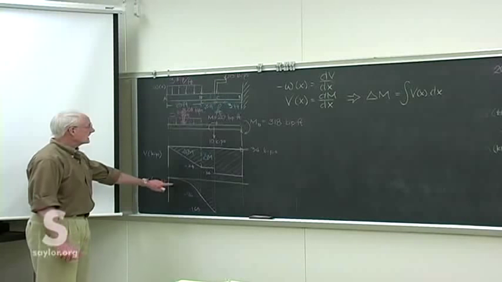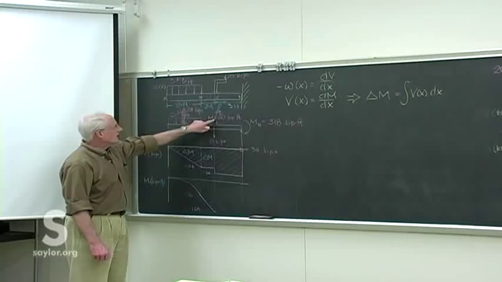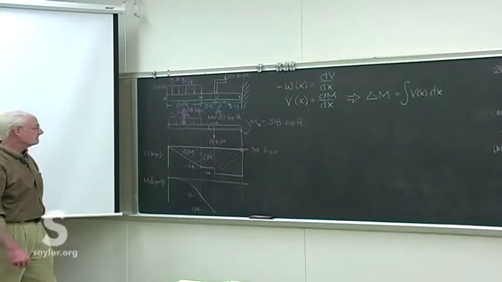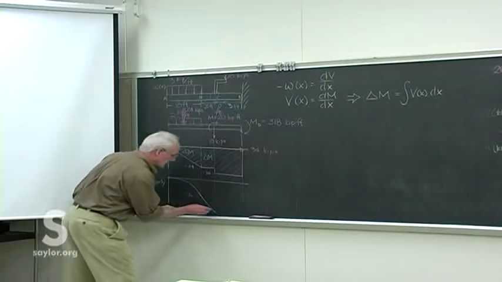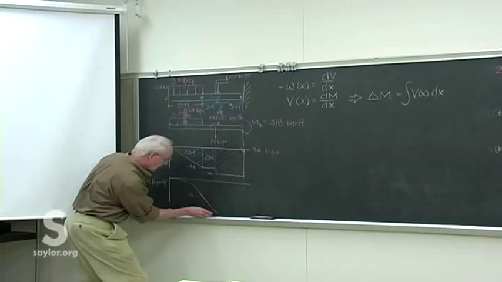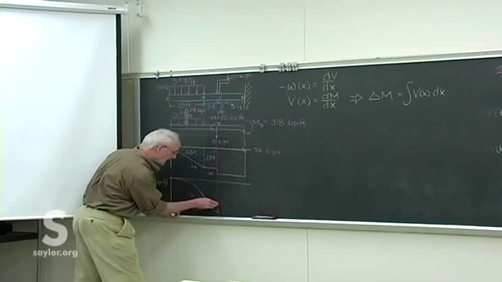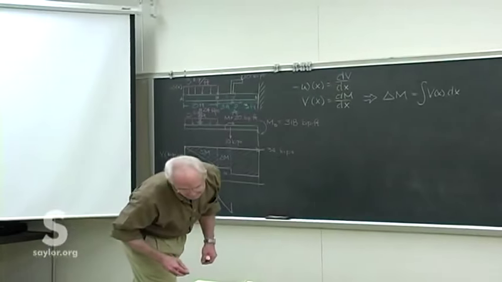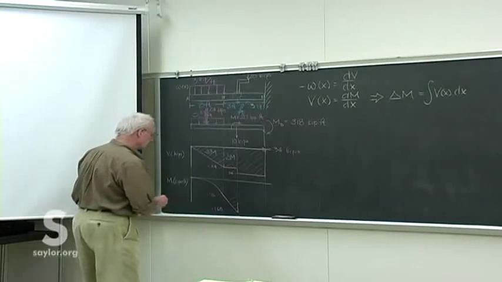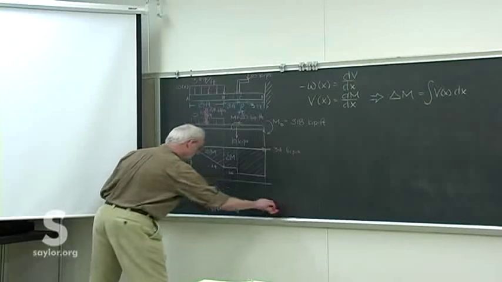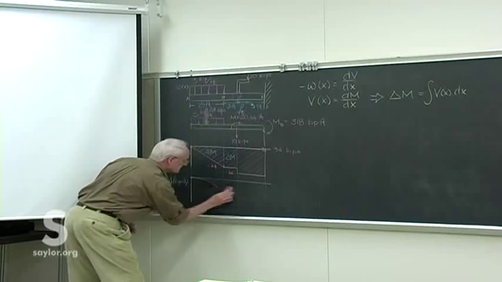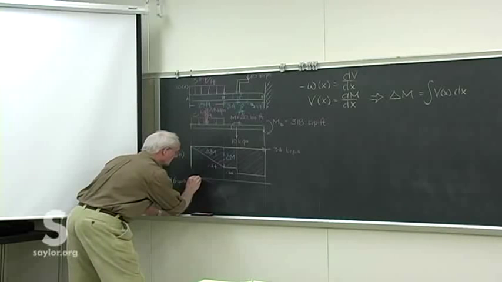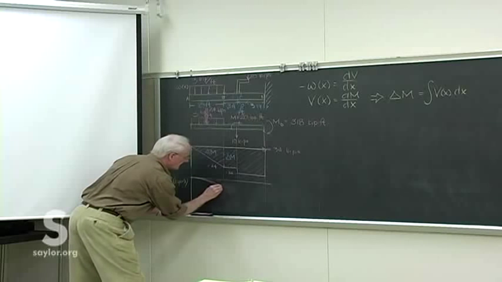Now in the moment diagram, right at this spot, we have an applied moment of 20 kip feet. So that's going to cause us to jump up by 20. That takes us to 148, right about there. Yep, we're going to run out of space, so I just have to make my curve a little less deep.